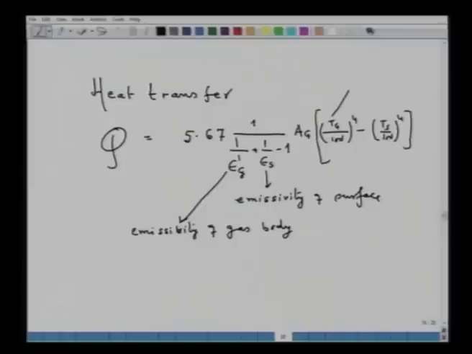Tg is the temperature of the gas and Ts is the temperature of the sink. Ag is the area of the gas body.